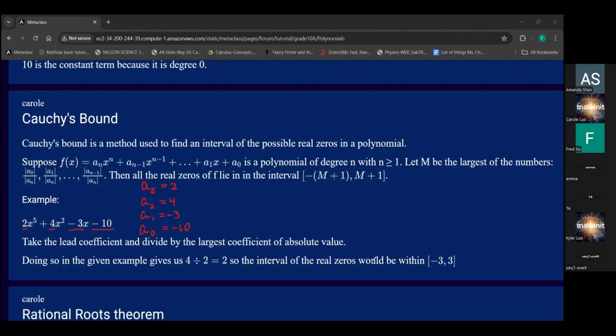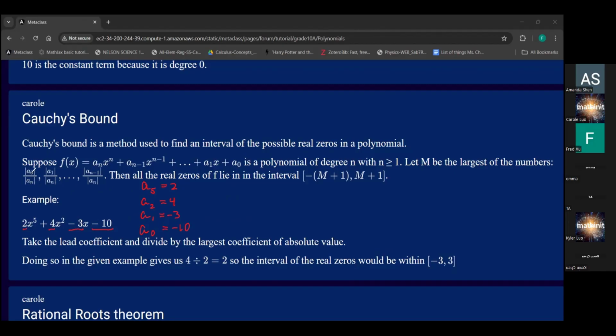And basically, what Cauchy's bound states is that the coefficients of all the terms except for the leading term, divided by the leading term, is all you need.